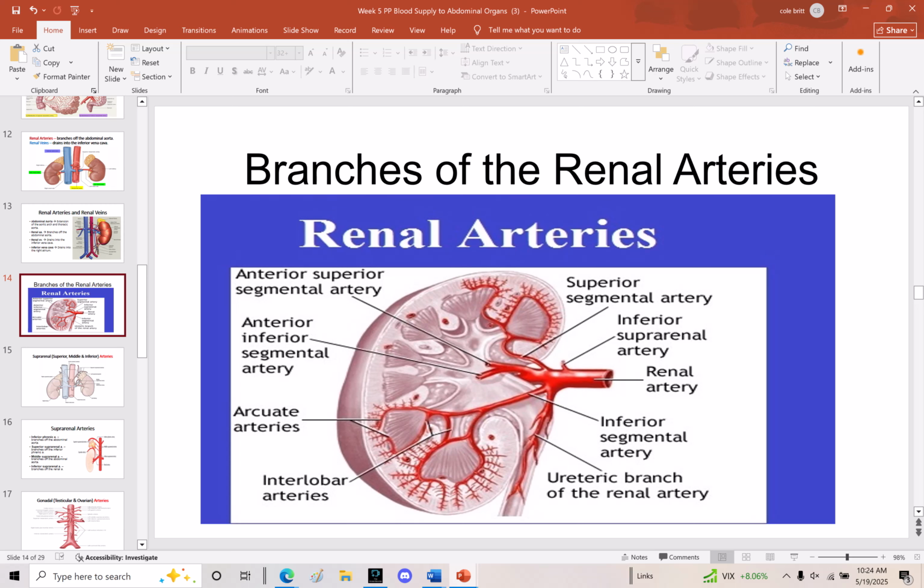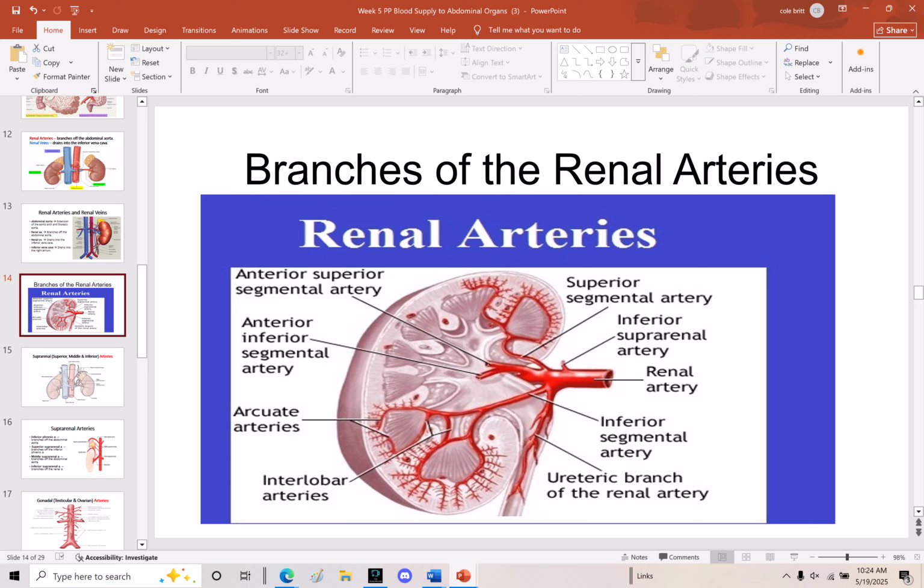In the medulla, you have these triangle shapes called the renal pyramids. And then separating the renal pyramids, you have the columns of Bertin, or renal columns. What happens is this kind of segments the kidney into different lobes.